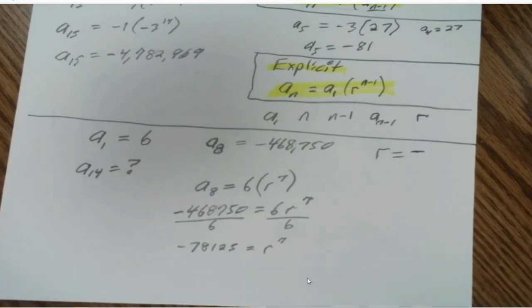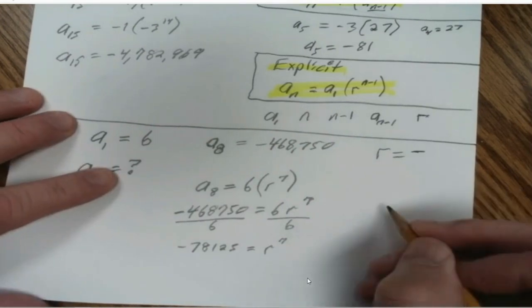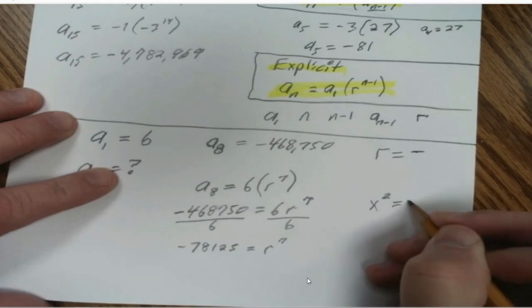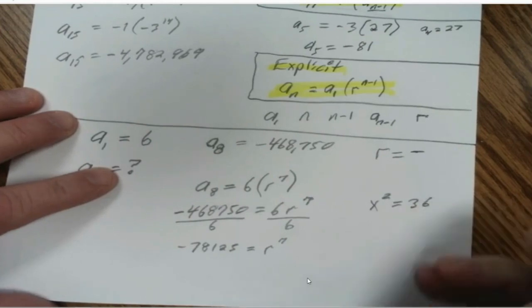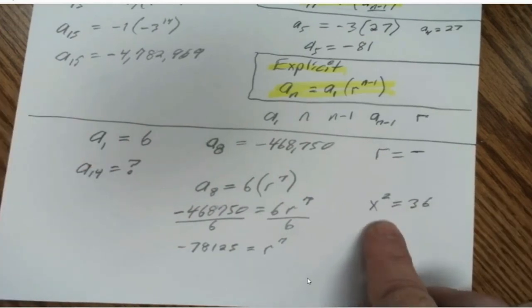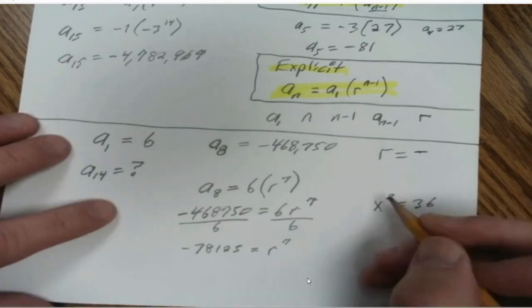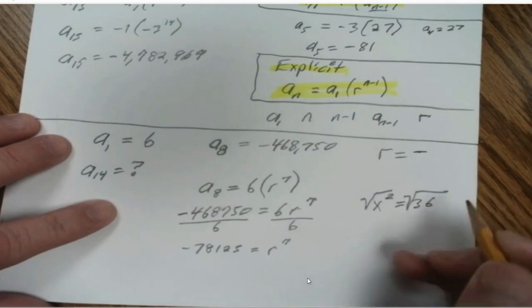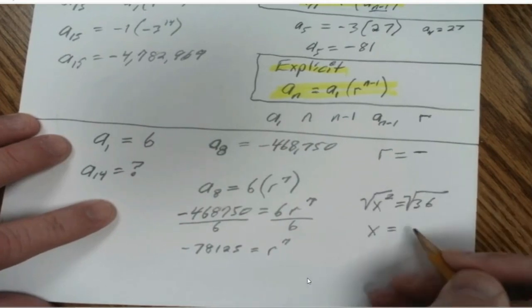We can. Think about it. If we had x squared equals 36, this isn't x, and we're trying to find x. Well, since this is squared, we take the square root of both sides, and so we get x equals either plus or minus 6.